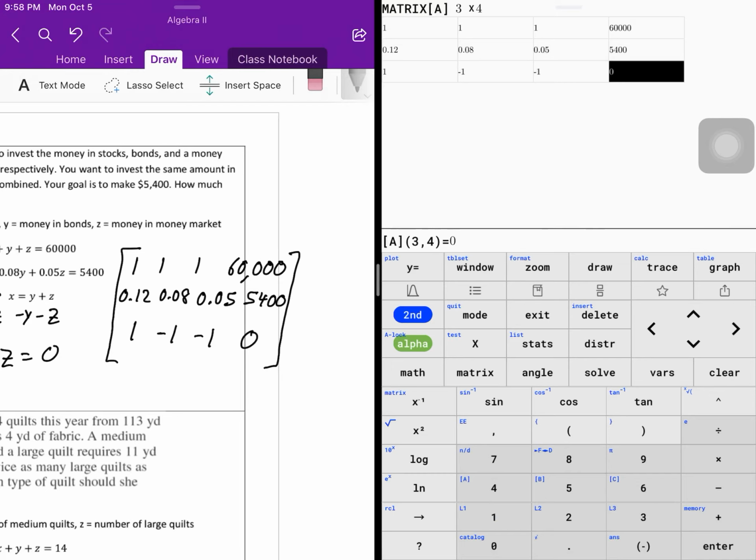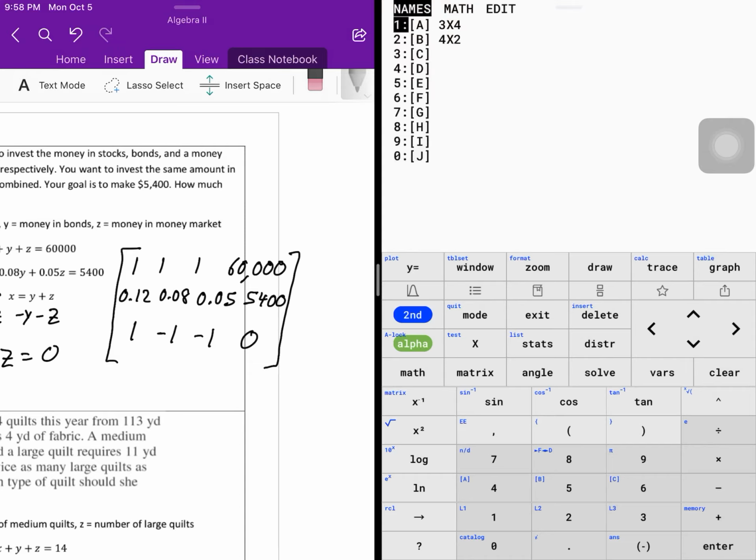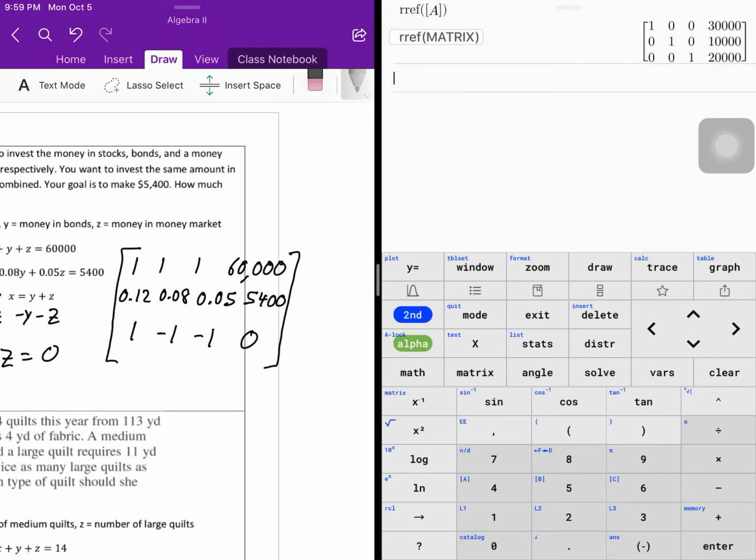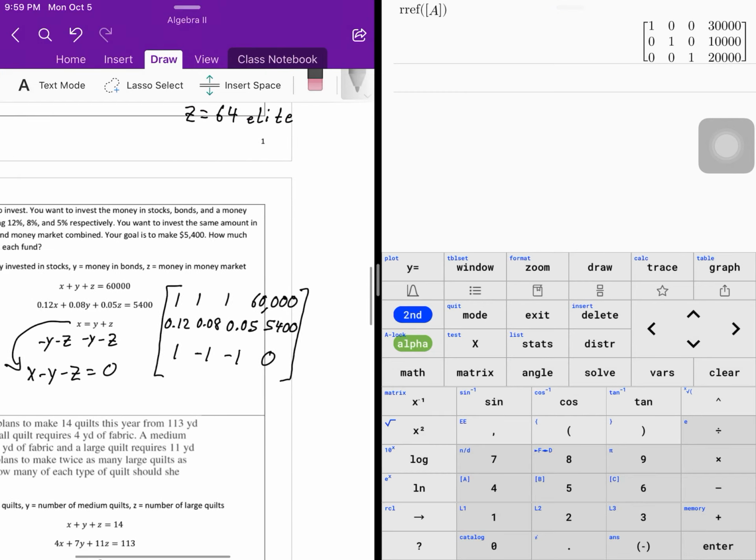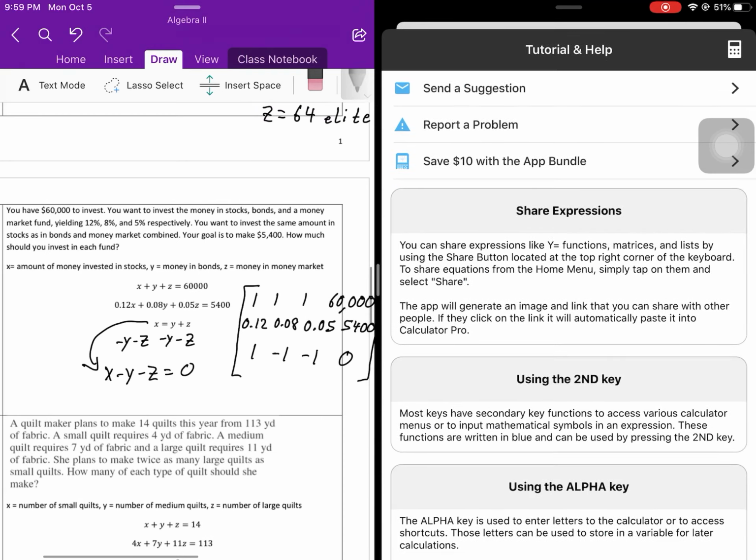Come on. Okay, so now we have it good to go. So let's go back to the home screen by quitting. We go matrix, number 9, matrix, enter, enter. And there we go. We get 30,000, 10,000, and 20,000.